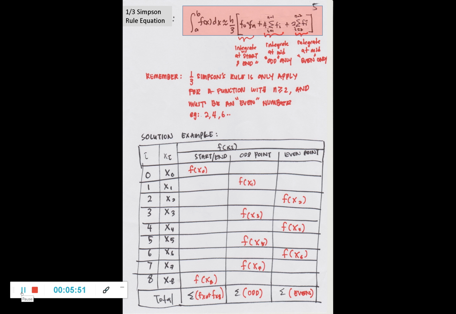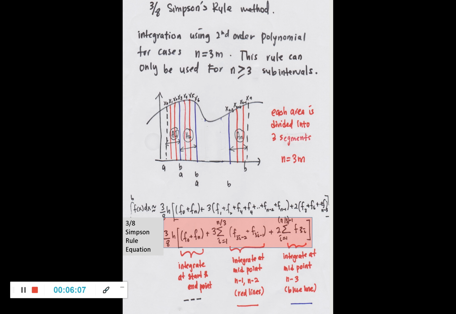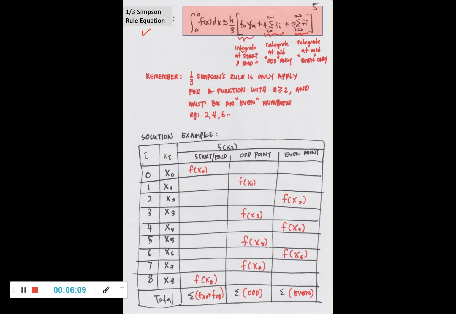Okay, secara asasnya 1/3 Simpson rule equation telah summarizekan the equation for integration, approximation of integration on area below a polynomial graph is equal to integration from point A to B f(x) dx is approximation by h over 3. h is the step size. Step size is you punya x-axis lah.